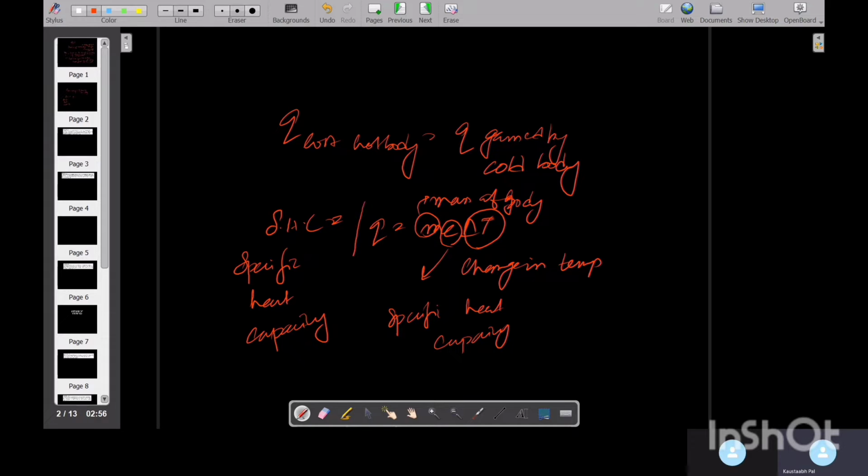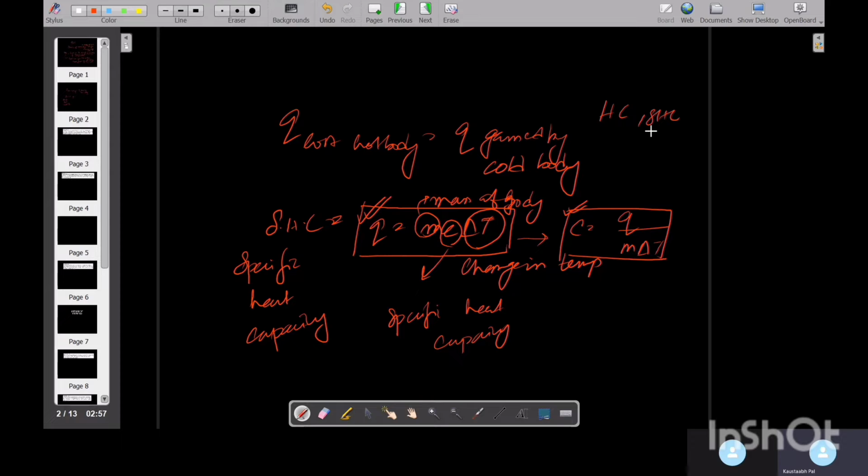So the formula for heat is Q equal to mc delta T. If we transpose this, we can write C equal to Q divided by m delta T. So either you remember Q equal to mc delta T, or you just remember C equal to Q divided by m delta T. Now there's a difference between heat capacity and specific heat capacity.